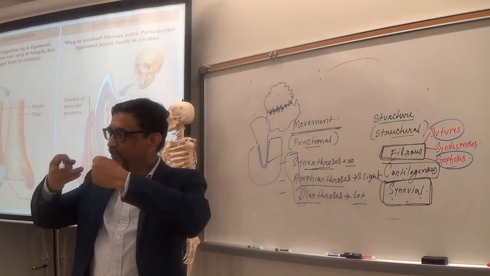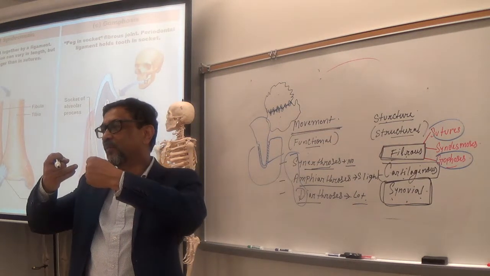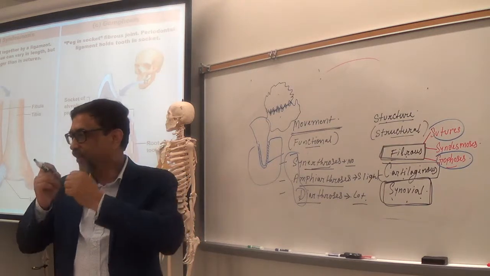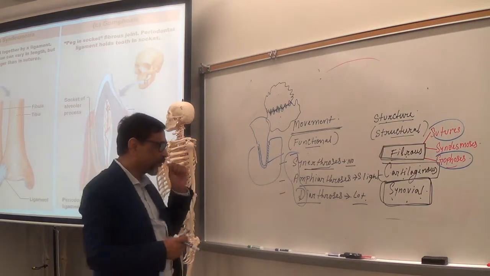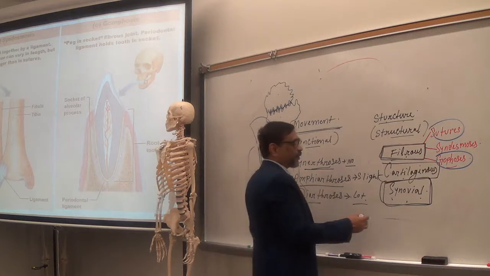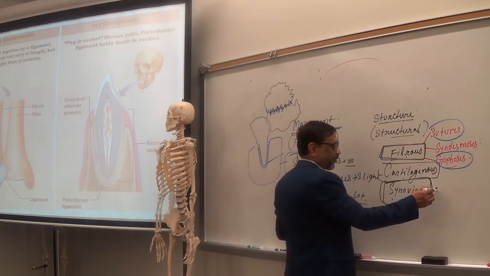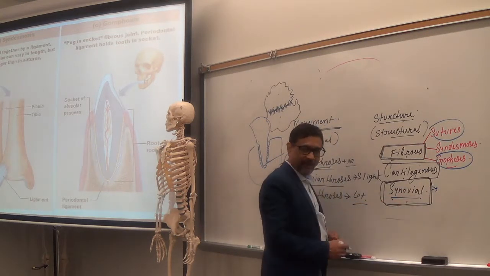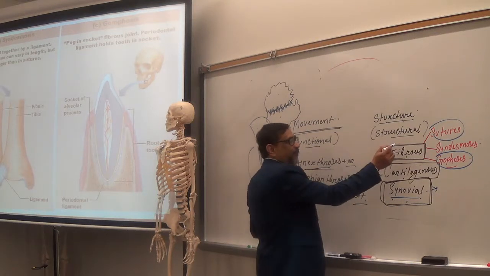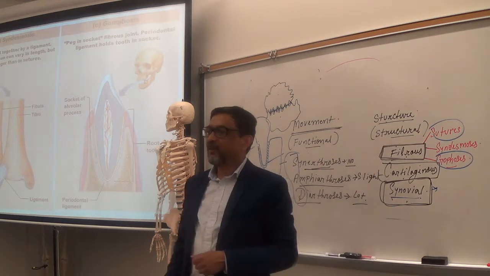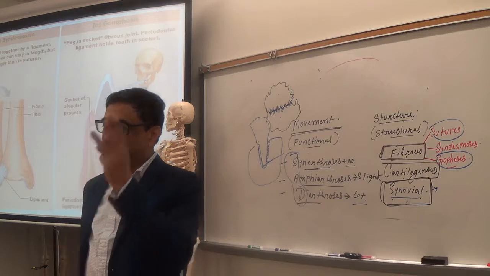There is a gap filled with what? Synovial fluid. Make sense? So synovial fluid connecting the bones. So which one is most freely movable? This one, right? Okay.